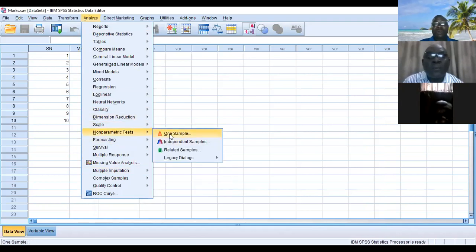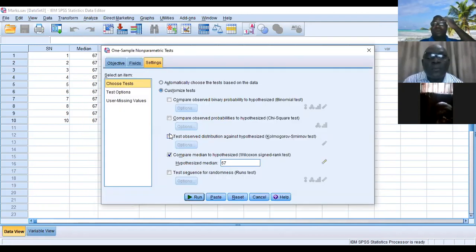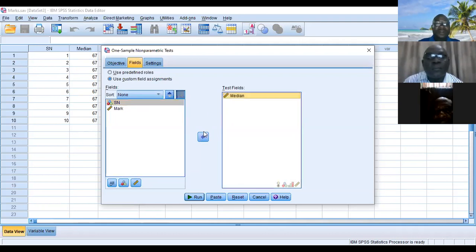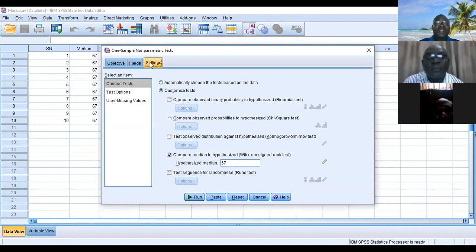Nonparametric, okay, look at one sample here. Without going through the legacy dialogue, if you say customize, you now say, okay, I think I've done it. What I did is fields: put the mark on the fields, test fit, settings.